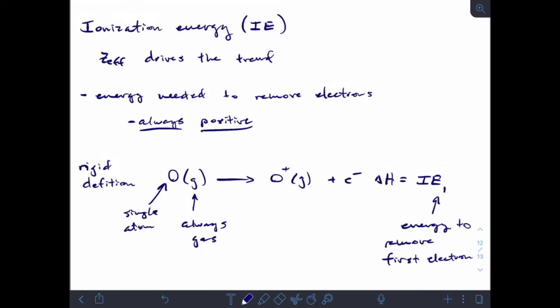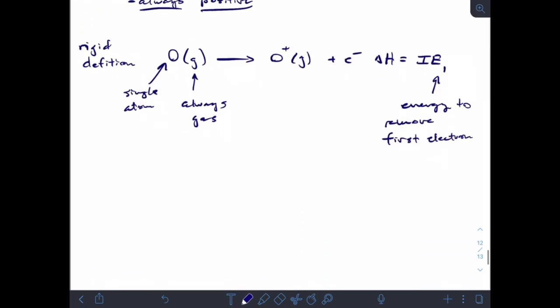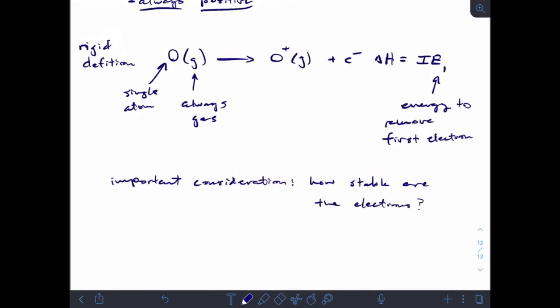Okay, so the important consideration here is how stable are the electrons? Very stable electrons will require a lot of energy.